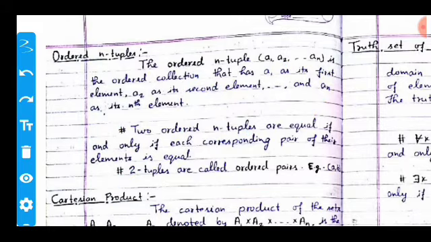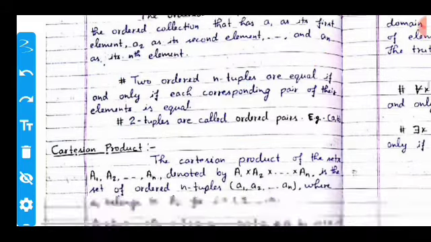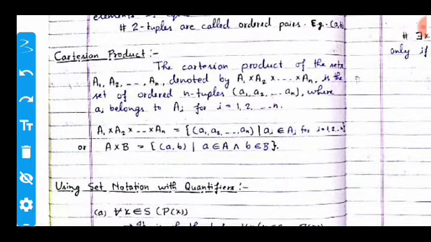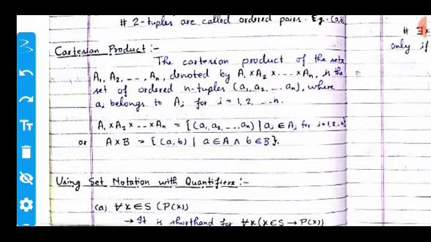Now move on, Cartesian products. The Cartesian product of sets A1, A2 ... An, denoted by A1 Cartesian A2 Cartesian A3 and so on up to An, is the set of ordered n-tuples (a1, a2, and so on up to an), where ai belongs to capital Ai, where capital Ai is a set.